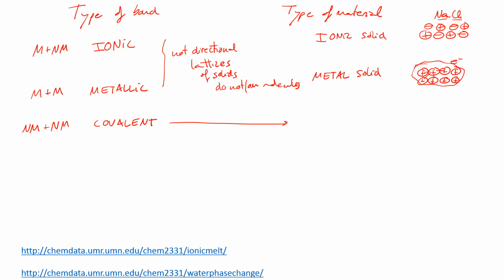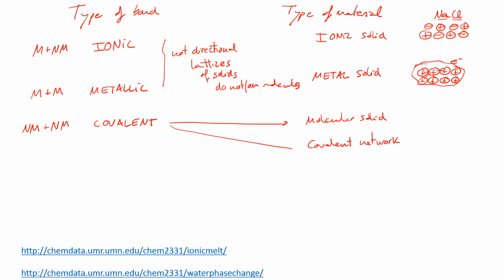When you have a covalent bond, you have two situations. In one case, you could be seeing a molecular solid, or you could see a covalent network. A covalent network is a type of material that presents covalent bonds, but so does a molecular solid. What is the difference between them? Typically, the molecular solid is the most abundant one.